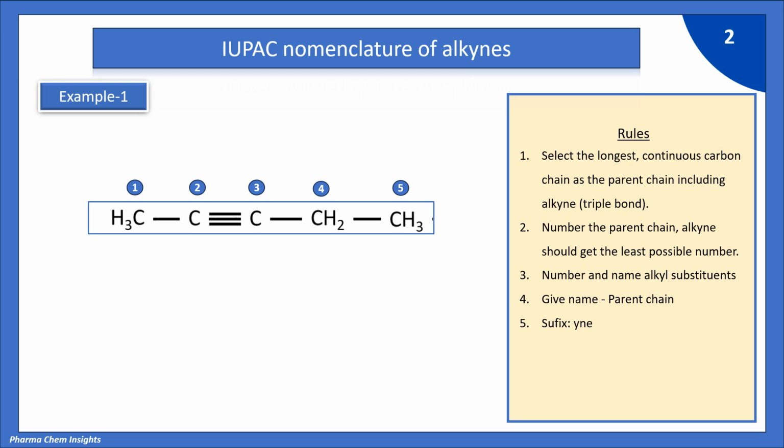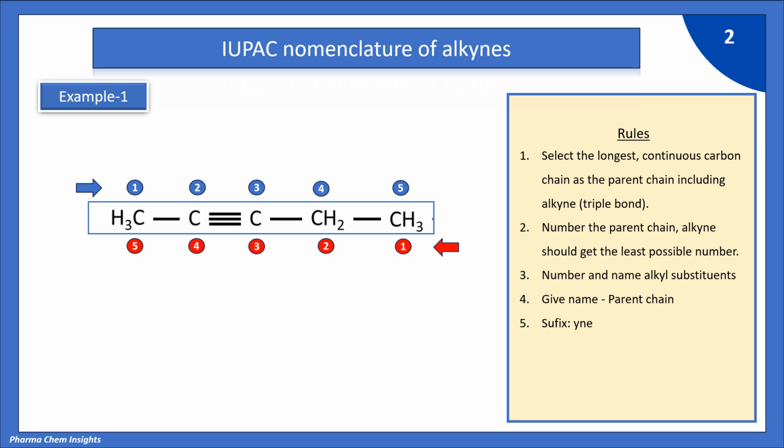Here, yne is the suffix used for alkyne compounds. Then there are 5 carbons. Let us see now from which end we can number. The first way is this, which is written in blue, whereas the other way from the opposite end is written in red.